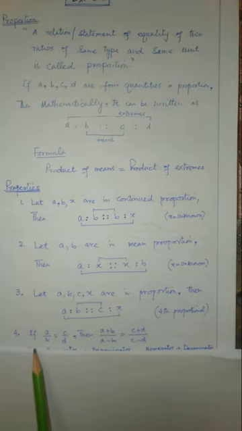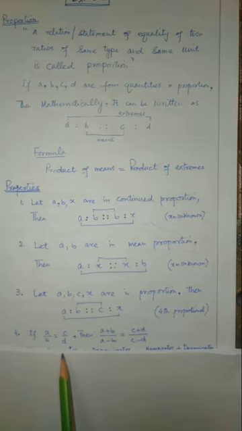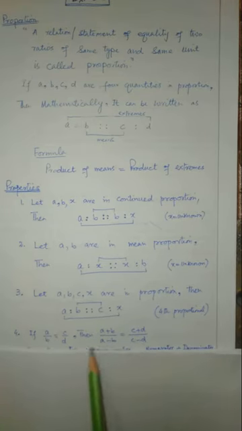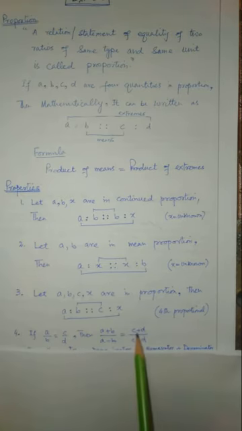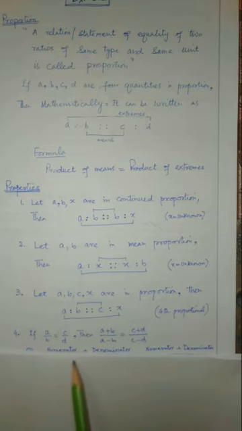Fourth property: if A/B is equal to C/D, then (A + B)/(A - B) is equal to (C + D)/(C - D). This is called componendo dividendo rule.